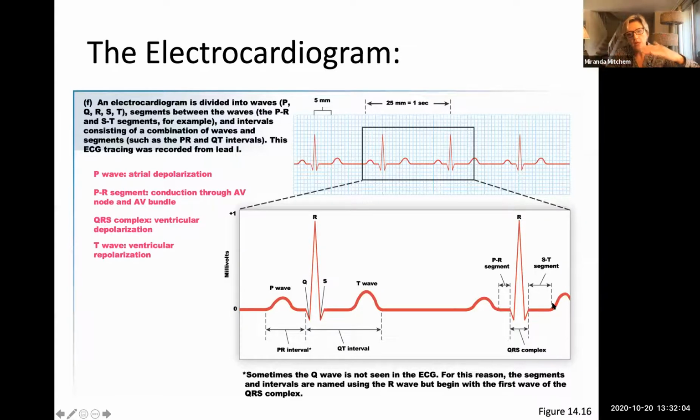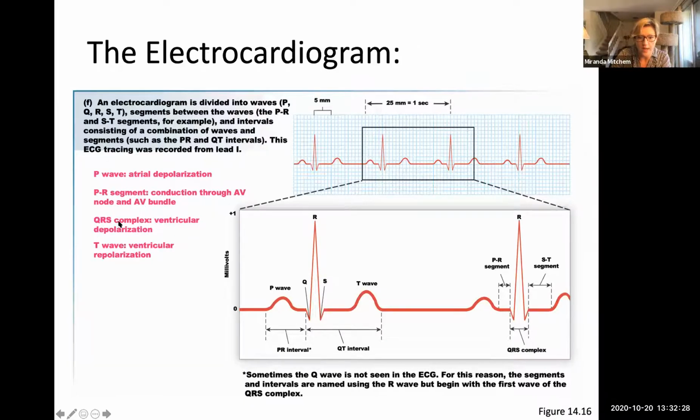So by knowing what's happening at the different points in the EKG, we can infer different information about different parts of the heart in both contraction as well as the excitability coming from those pacemaker cells. So our PR segment is conduction down to the AV bundle.